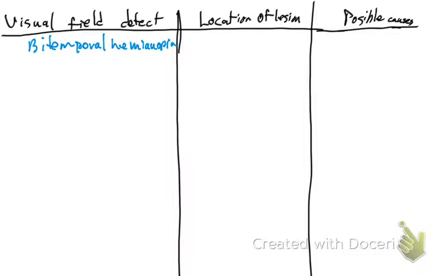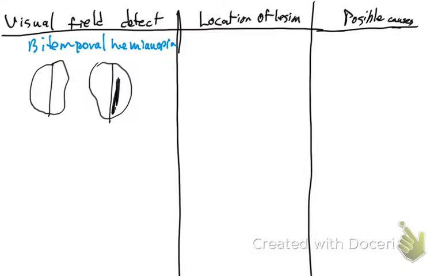So what does bitemporal hemianopia mean? Remember, bitemporal means that it is in two places. Bi is like for two, okay? And if it's bitemporal hemianopia, you think it's going to be more to the midline or to the lateral side? So the temporal is going to be more here.